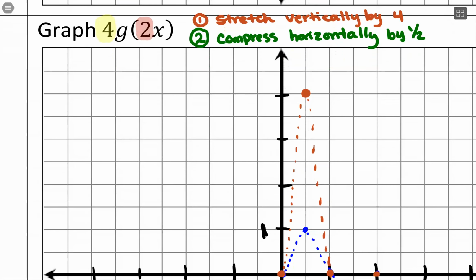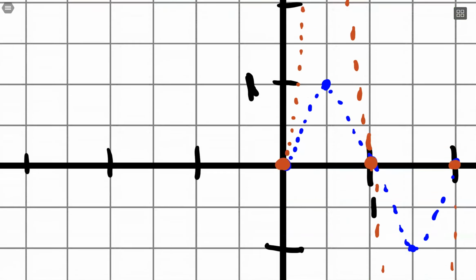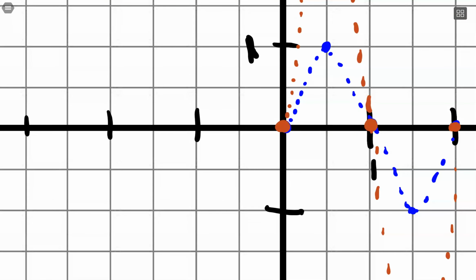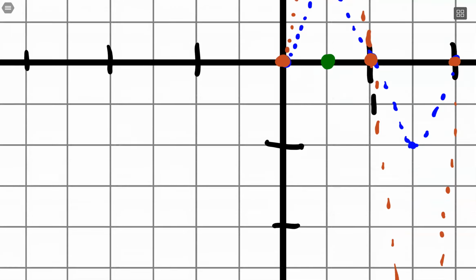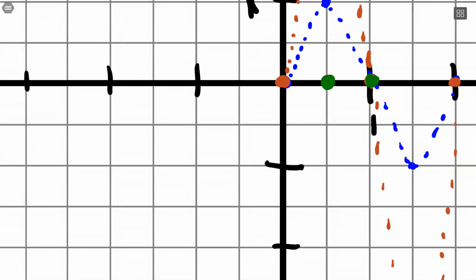Then compress horizontally by a half. What that means is distance from the y-axis. So like I have this distance of this 1 square right here, I'm going to cut that in half. And where I have this distance across 2 squares, there'll be half of that distance. So as you can see, this is going to squish in so close. Let's see, there's 3 squares, so that'll be 1 1/2. And then 4 squares, there.